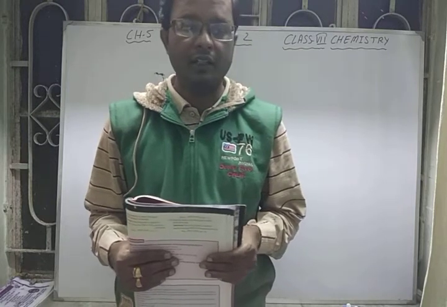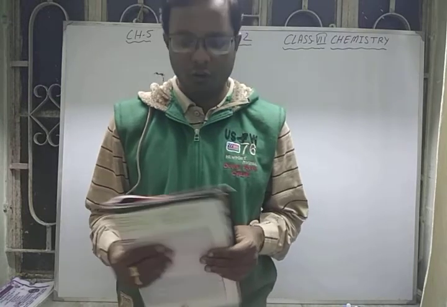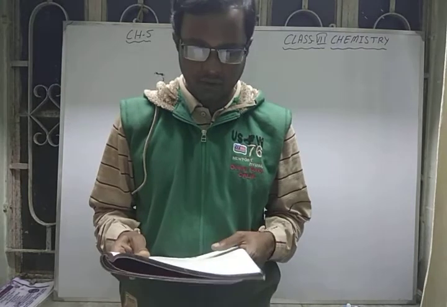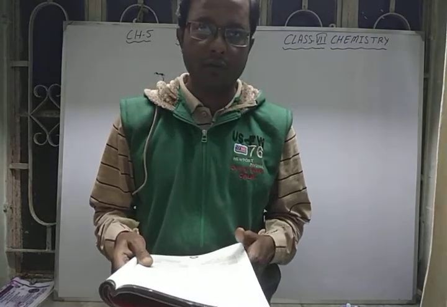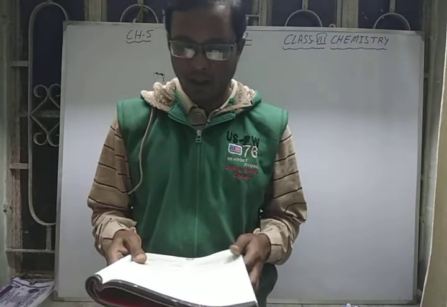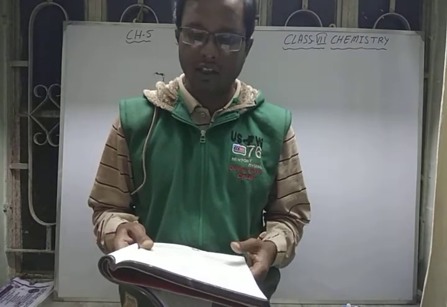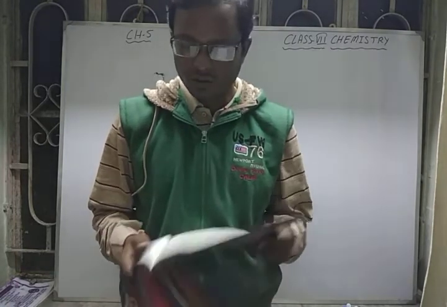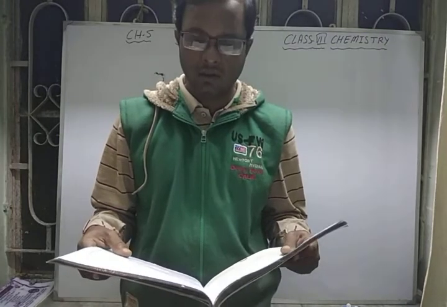But after writing a skeletal equation, it is very important to balance the chemical equation. To balance a chemical equation, we always have to follow the law of conservation of mass. On that basis we have to balance the chemical equations. So this is how we have to write a chemical equation.